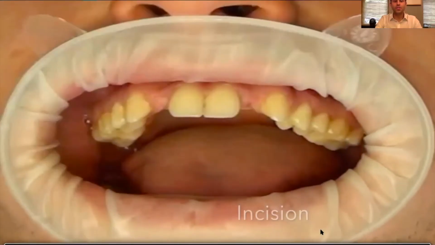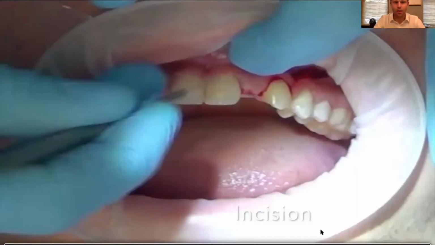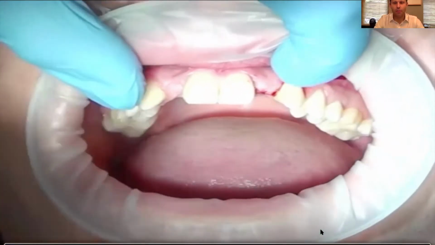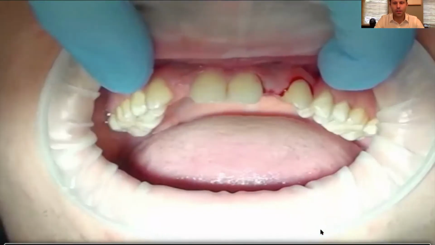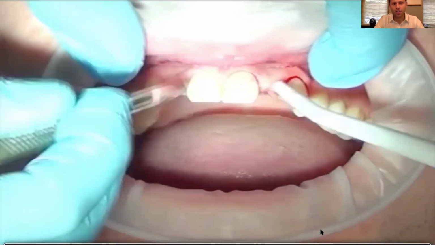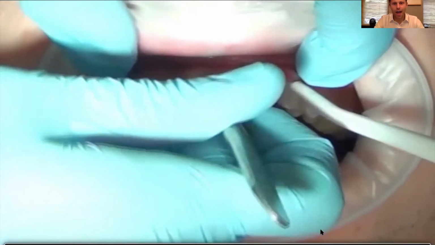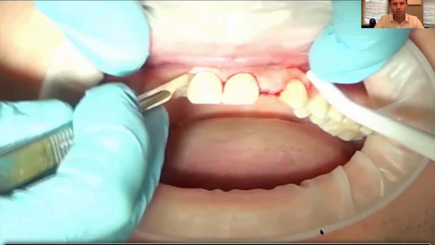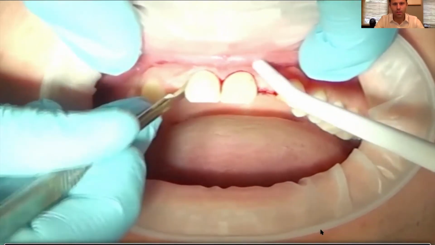So I think the incision is one of the most important parts here. You need to have vertical incisions going up deep into the vestibule. You need to have mid-crestal incisions. The idea is to not tear the tissue and try to keep it intact as much as possible. So we're going cleanly everywhere around, mid-crestal incisions.